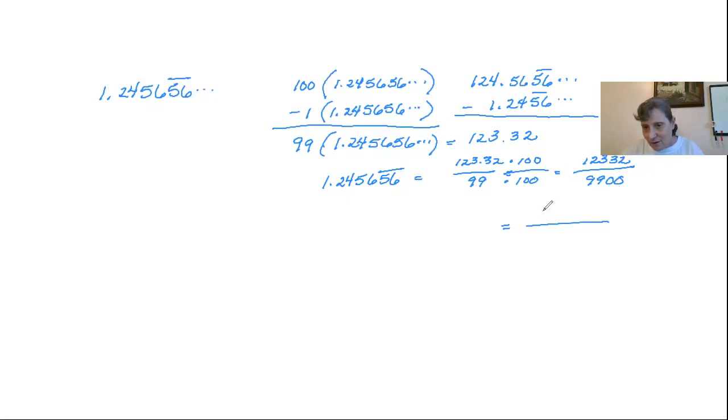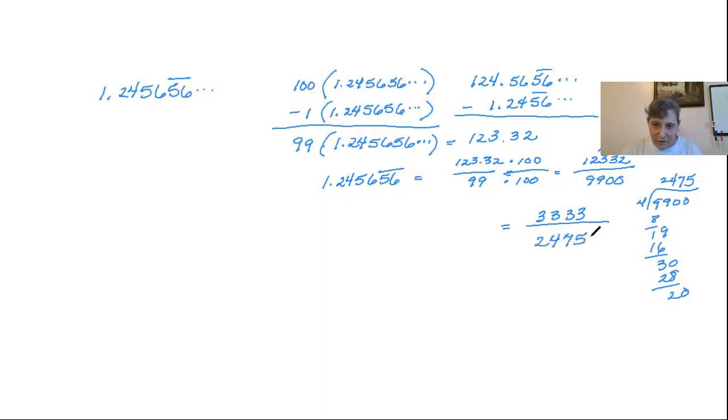So dividing by 4 here is going to give me 3083. Dividing this by 4 is 2475.